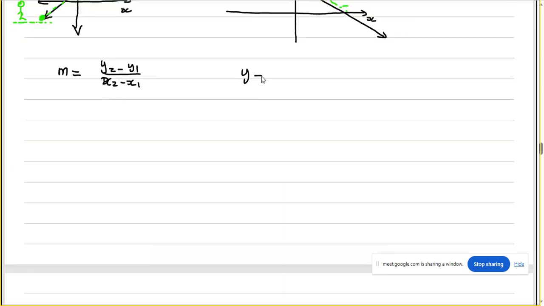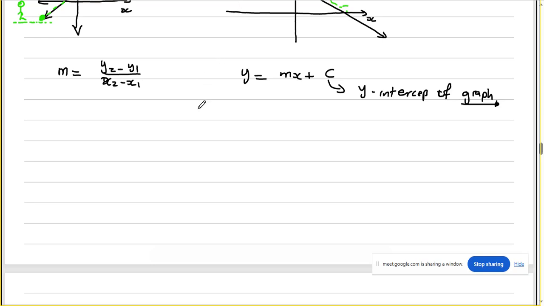So y is equal to mx plus c. We are saying that this c is the y-intercept of the graph. Everything will make sense now.